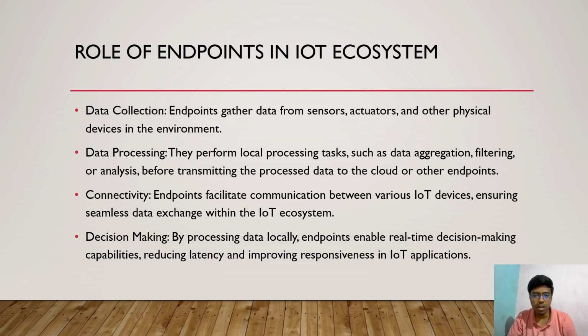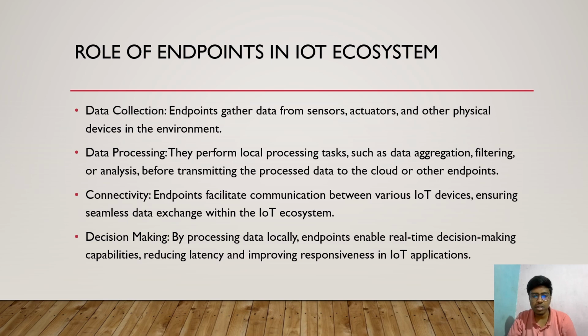Role of endpoints in the IoT ecosystem: data collection. Endpoints gather data from sensors, actuators, and other physical devices in the environment. Data processing: they perform local processing tasks such as data aggregation, filtering, or analysis before transmitting the processed data to the cloud or other endpoints.